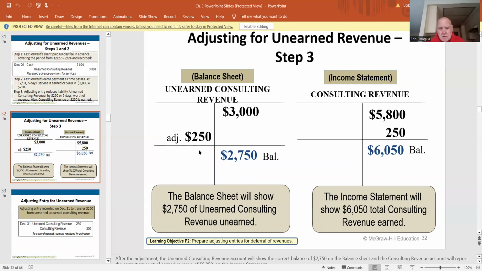The liability account has been reduced. The balance sheet will show $2,700 of the liability called unearned revenue. And commensurately, the revenue went up $250. Now the income statement will show, in this case, $6,050 consulting revenue, not unearned, earned revenue.